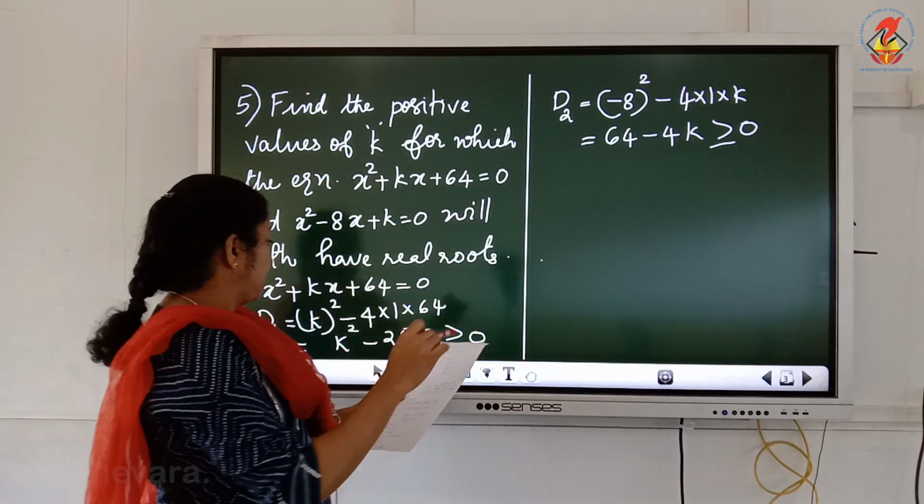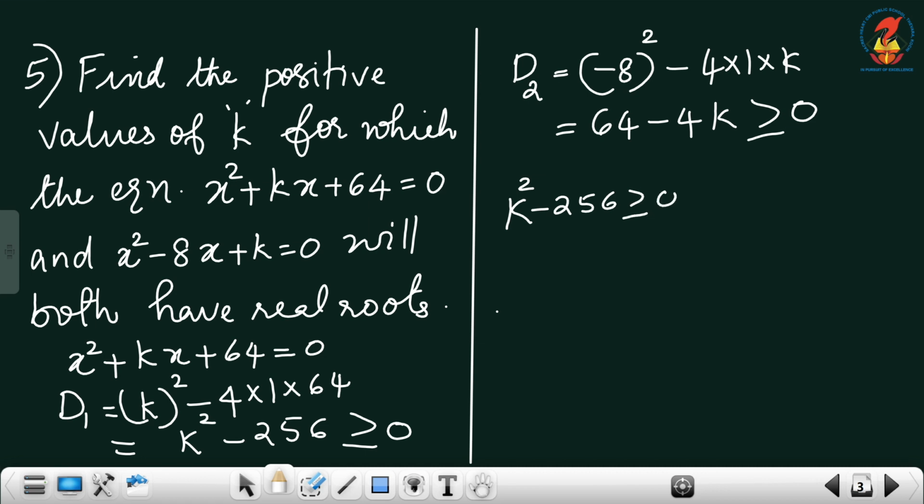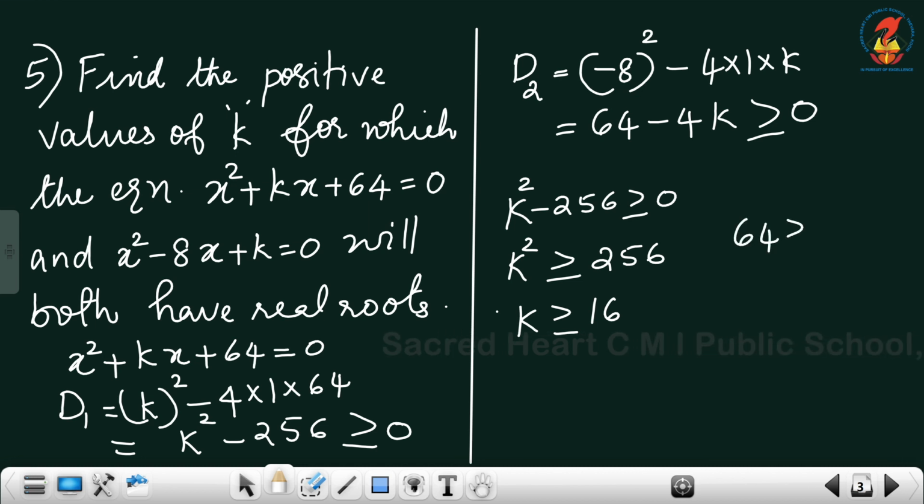So first case, k² − 256 ≥ 0 means k² ≥ 256, so k is greater than or equal to 16, the root of 256. Second case is 64 ≥ 4k, so 16 ≥ k.